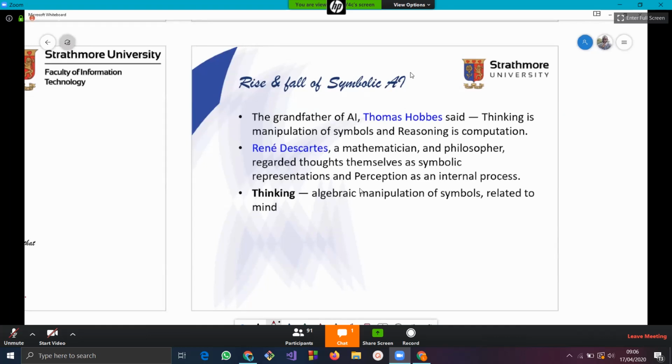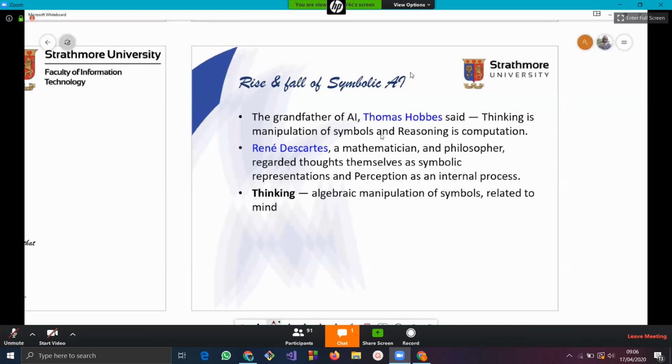Thomas Hobbes, who is the father of neural nets, etc., and backpropagation, by the way, this is the main guy in neural networks learning. This is what the guy says: thinking is manipulation of symbols. By the way, that is the real thing. Our brain thinks by manipulating symbols, okay? And reasoning is computation.